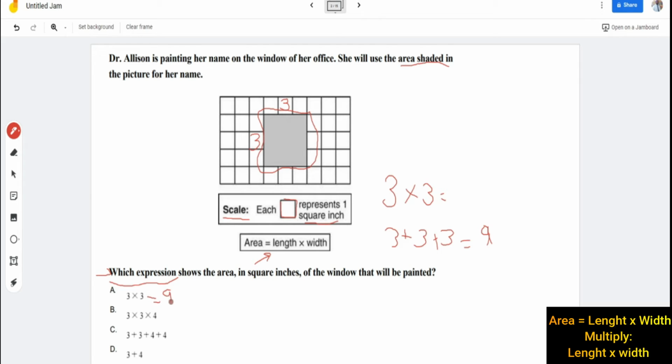We have to check all of them just in case there's a hidden response. 9 times 4 is equal to 36. 3 plus 3 is 6, plus 4 is 10, plus 4 is 14. 3 plus 4 is equal to 7. So the only equation where we find 9 is this one. So the correct answer is A.